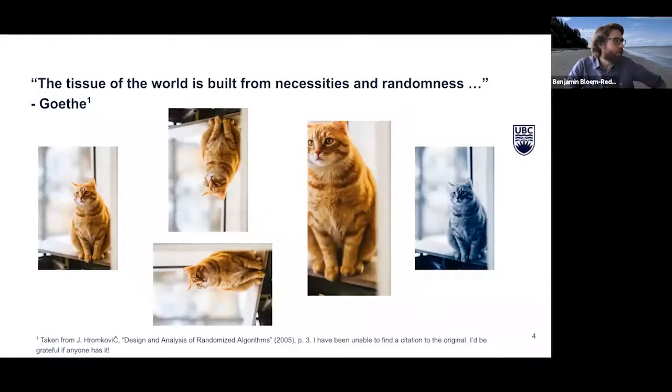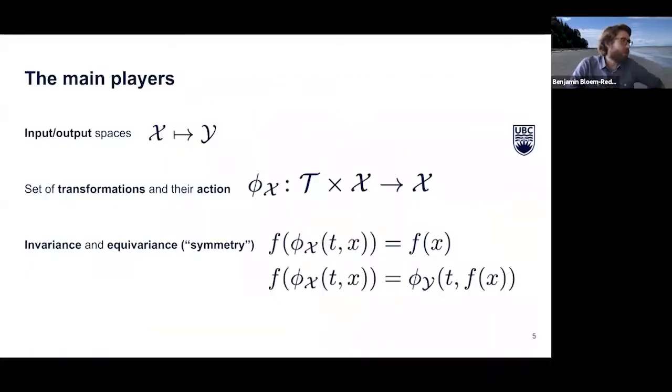Okay, so to actually formalize this mathematically, this is going to be I think my notationally heaviest slide, but the basic idea here is we'll be thinking about input and output spaces. So X might be the space of images, Y might be a space of labels of animals in those images. And the thing that really will drive what we're talking about when we mean invariance is a set of transformations, script T here.